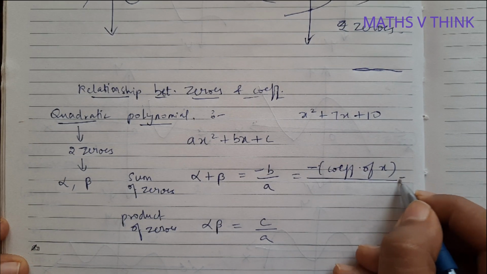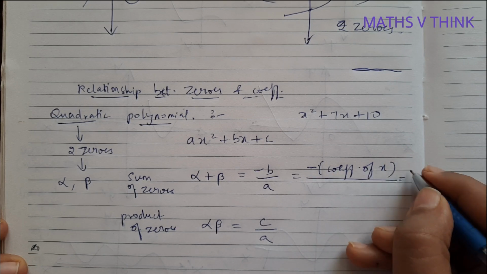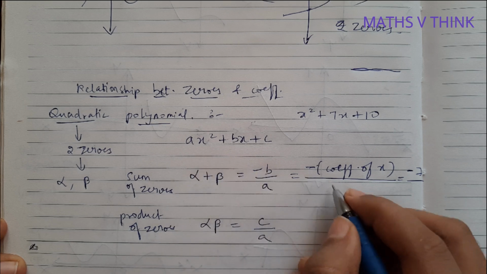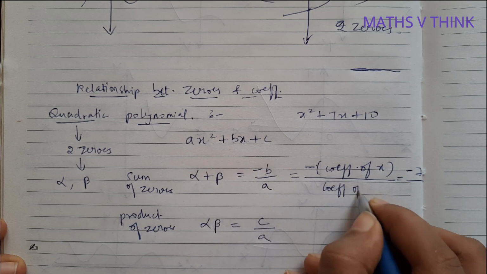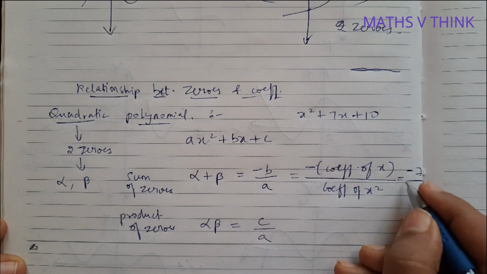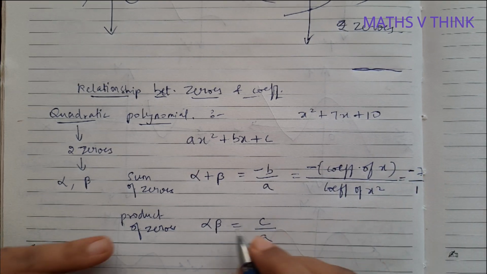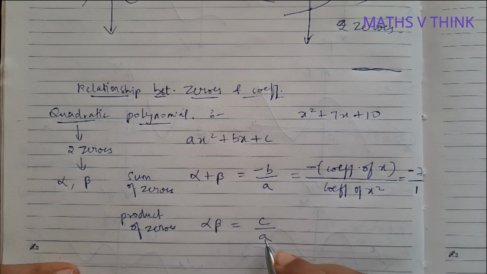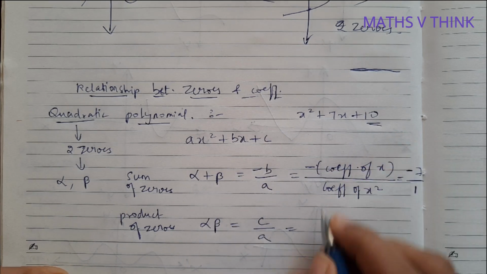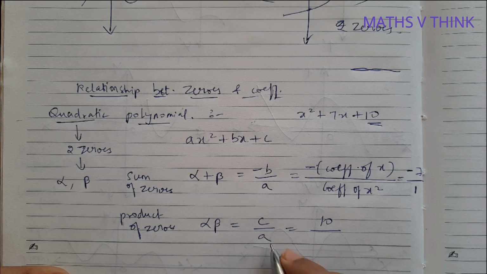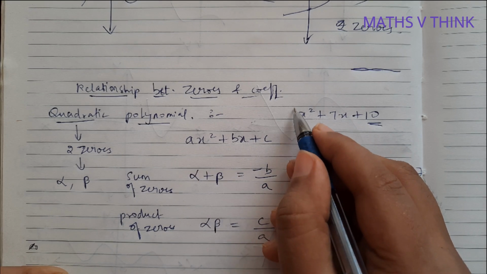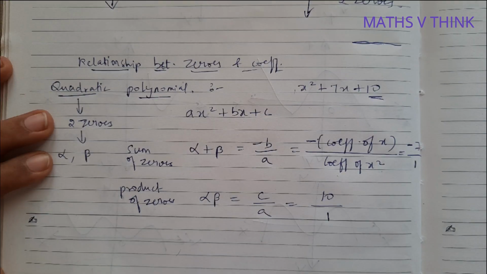So the minus symbol is in the formula, so minus 7 by a, and a is the coefficient of x square. Here the coefficient of x square is 1, so minus 7 by 1. Same way the product of zeros is c by a, where c is the constant. Here the constant is 10, and a is the coefficient of x square, which is 1, so 10 by 1.